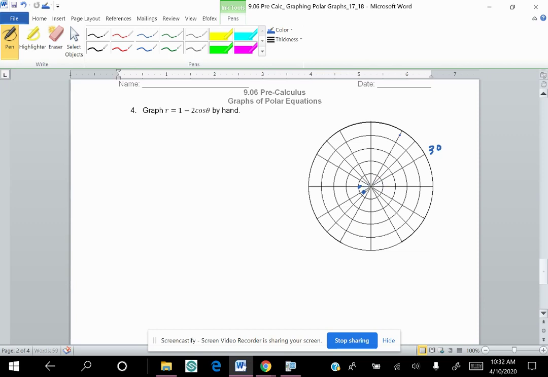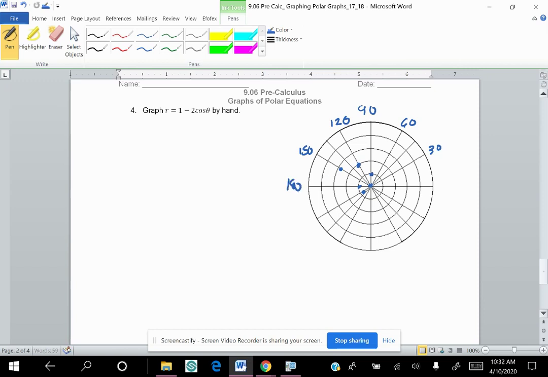At 60, we're at 0. At 90, we're at 1. At 120, we're at 2. At 150, we're at 2.7, so almost to 3.